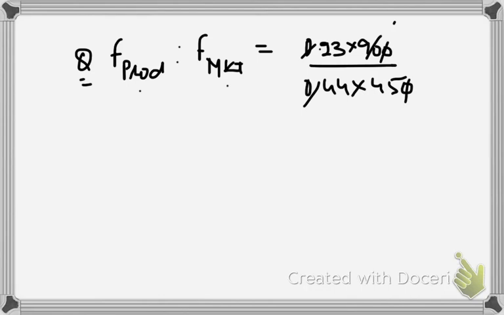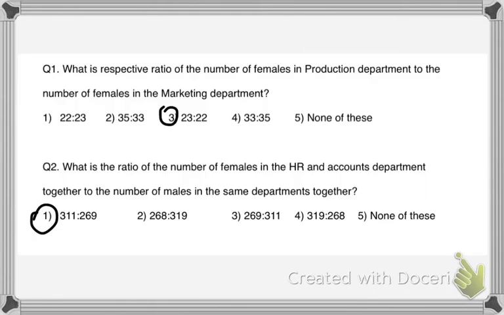So these decimals cancel out, and this 90 and 45 you cancel with your table of 9, and after that you do the calculations and you'll get the answer, which is 23 by 22. So the answer to your first question is the third option.